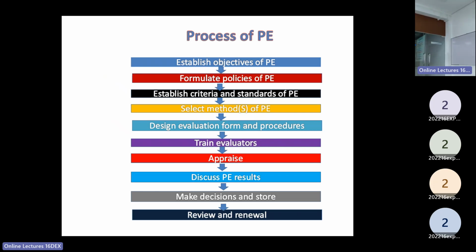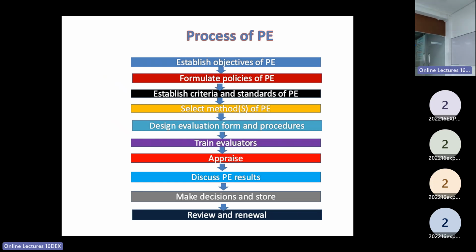Then appraisal, which is when the appraisal is done. Discuss performance evaluation results. Many organizations do nothing after appraisal, but you have to discuss the results, make decisions, and conduct a final review. So this is the model that you have to follow if you want to do it properly. Understand? Right, we will discuss these steps one by one quickly.